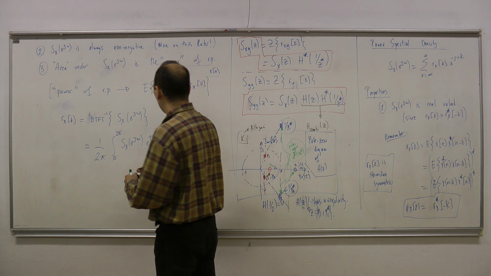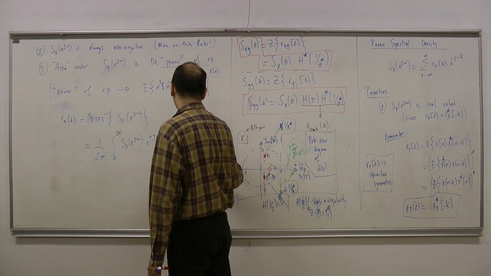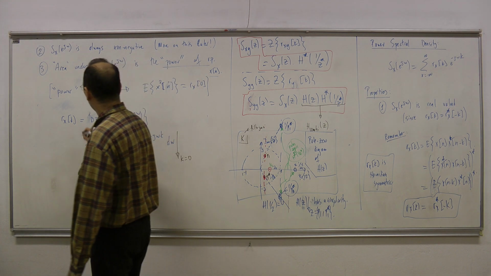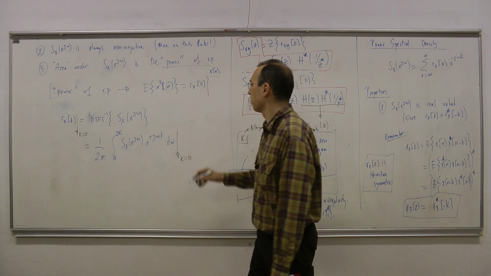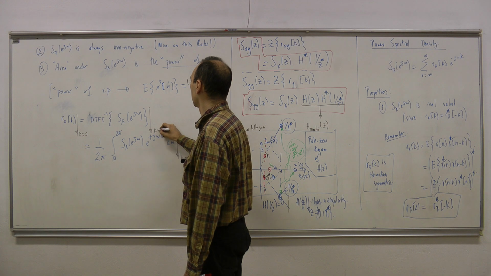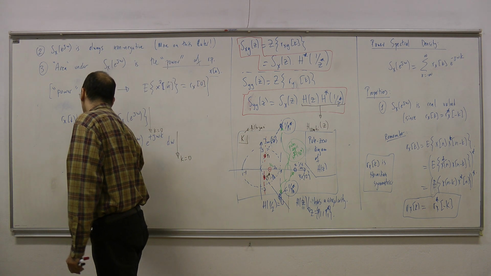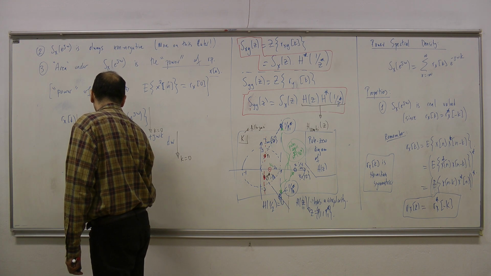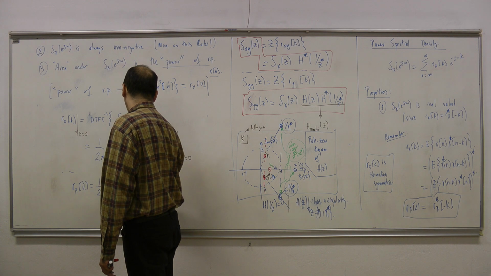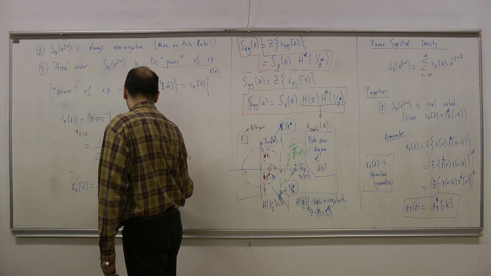Now, when k is equal to 0, okay? So what do I have in that special case? Rx0 is equal to 1 over 2 pi, 0 to 2 pi, Sx e to the j omega d omega.